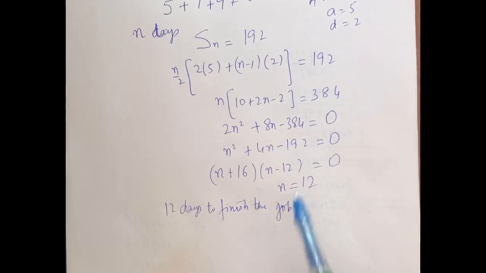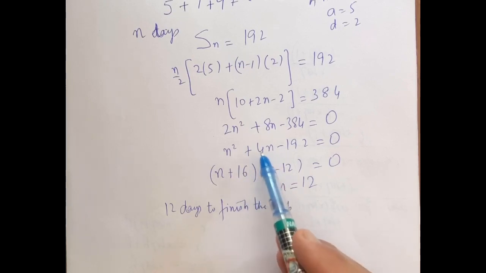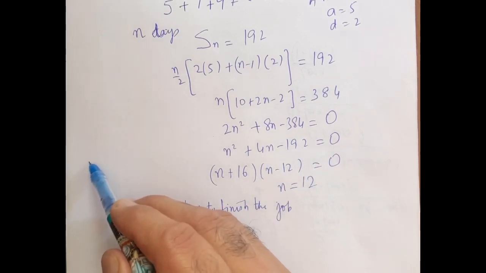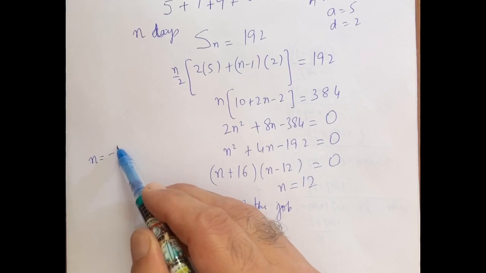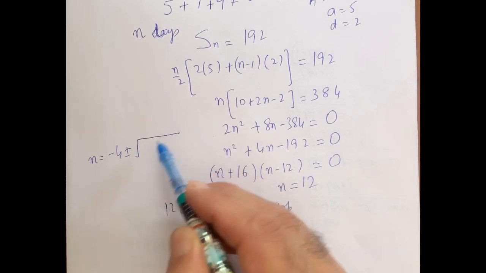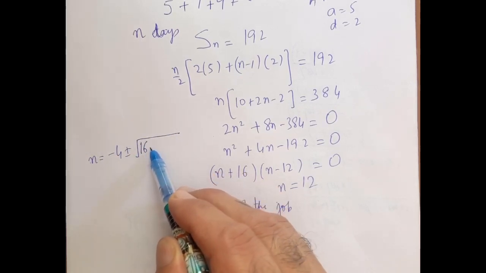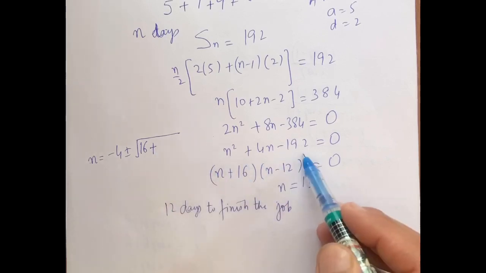Students, if you are unable to split it like this, you should use the quadratic formula. So n is minus b plus minus root of b square minus 4ac, that will be plus 4 into this thing.